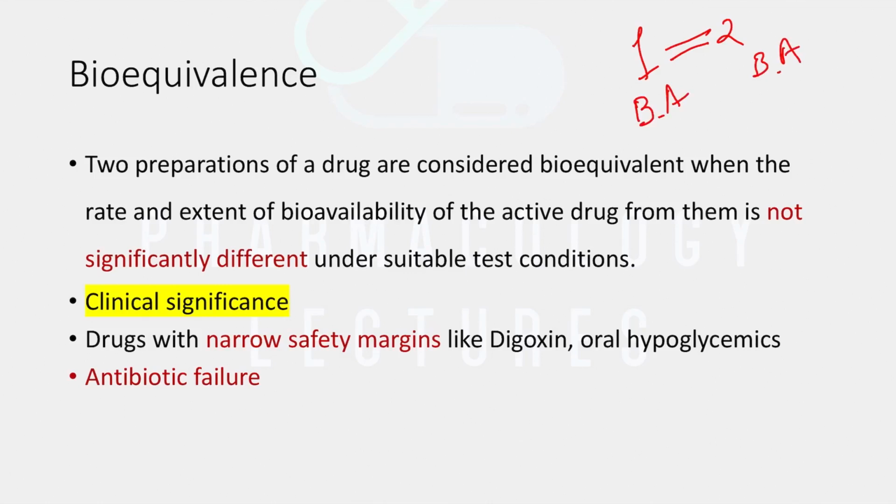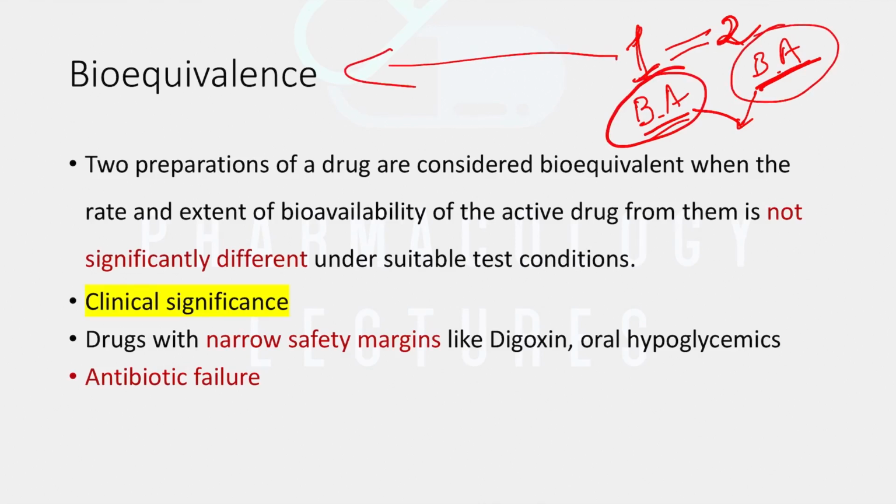So if we have, for example, product 1, which has its bioavailability, and we have product 2, which also has its bioavailability, statistically we need to see the difference between these two. If the difference between these two is not statistically significant, that means there is not much difference between product A and product B, then these two products are called bioequivalent products.